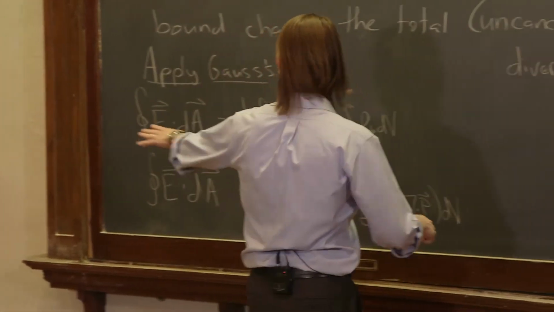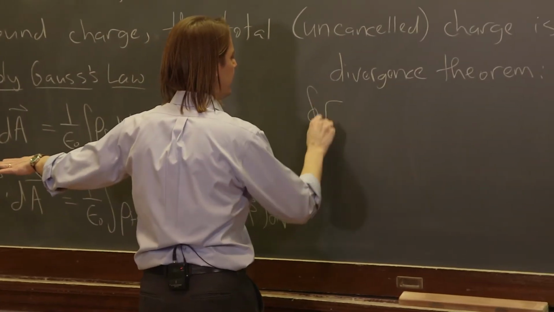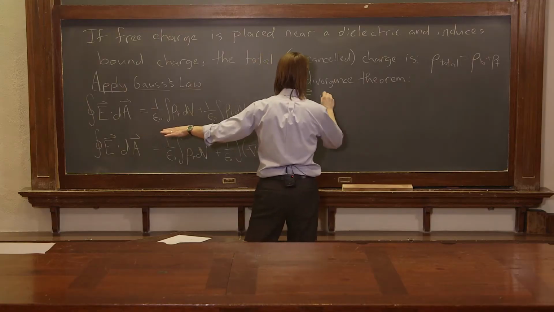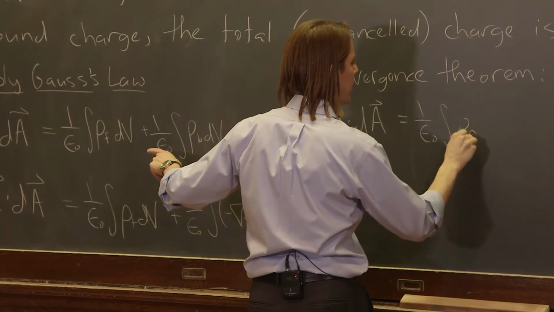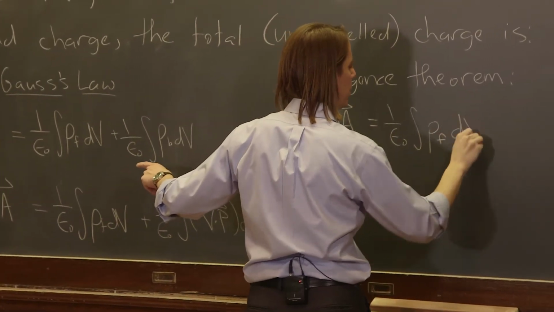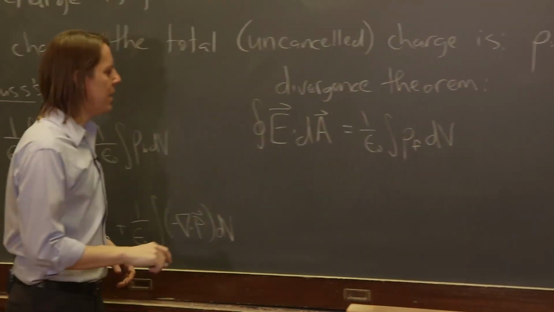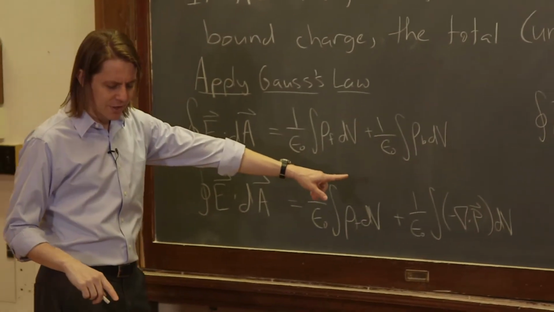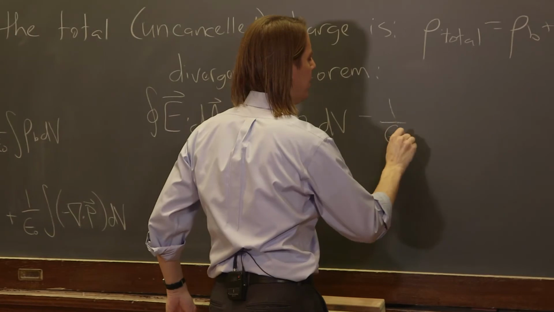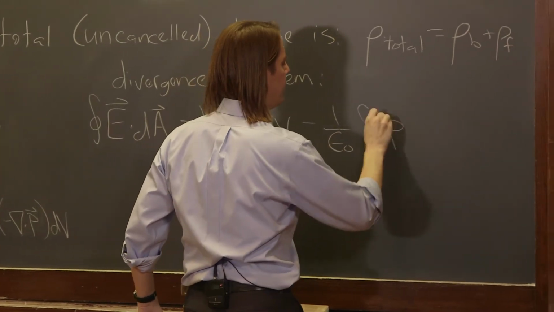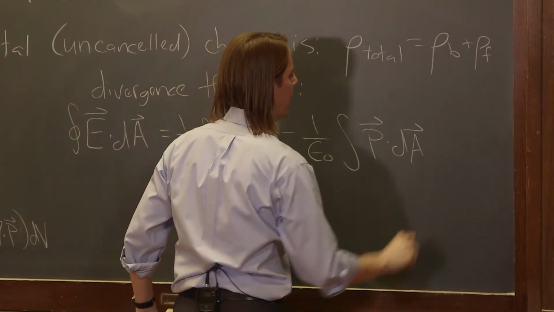So we still have the integral around a surface of E dot dA, and we still have 1 over epsilon naught, the integral of the free charge dV. But then the negative sign is going to stay, and it's going to become minus 1 over epsilon naught, the integral of P dot dA.